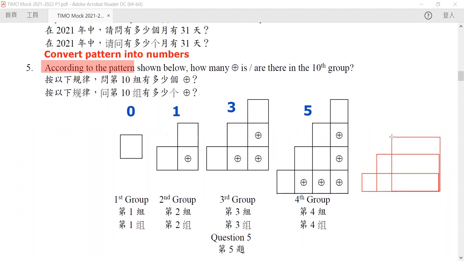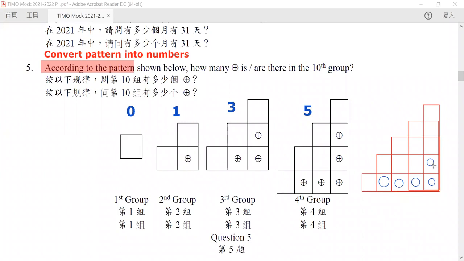For our fifth group, it will be something like this. According to your pattern, it will have a circle in here, another circle in here, another one in here, and so on.